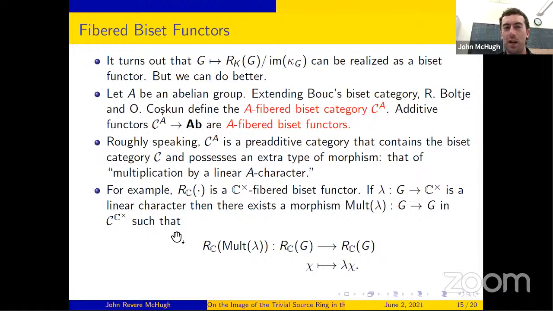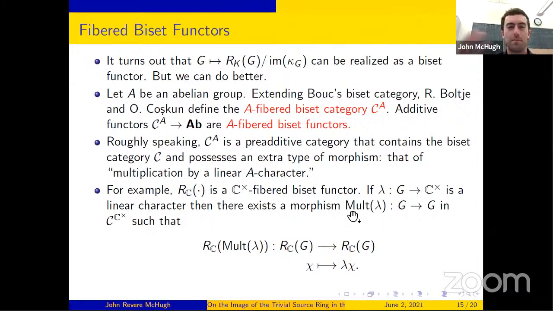And so just to see what I mean with an example, remember RC, the virtual character ring, you can view that as a biset functor. Well, even better, you can view it as a C cross fibered biset functor. And if lambda is a linear character of G, then there's a morphism, which I denote multiplication with lambda, which goes from G to G in the C cross fibered biset category.